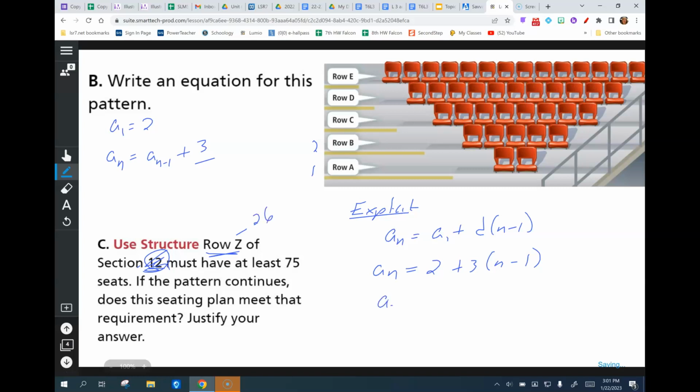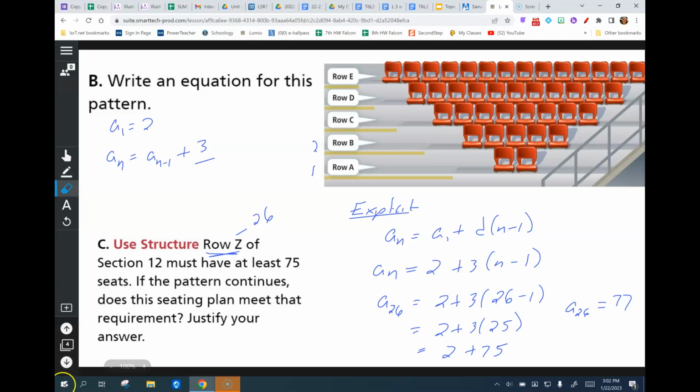So we're going to find a sub 26. So a sub 26 is 77. So row Z in section 12 must have at least 75 seats. Does it? Yep, it does. So if the pattern continues, does the seating plan meet the requirement? Yes, it does. So those are arithmetic sequences whenever there's a common difference.